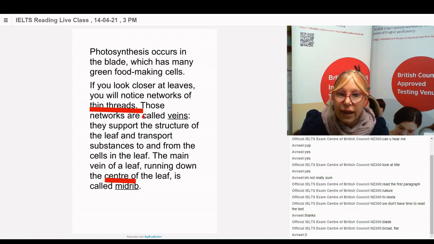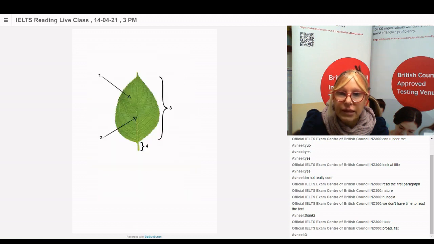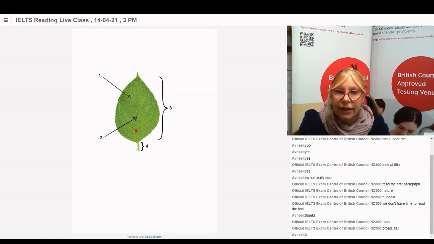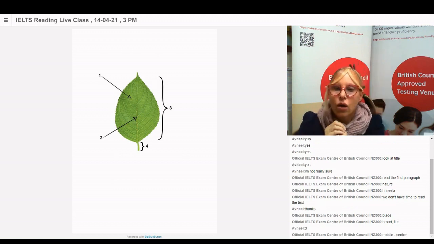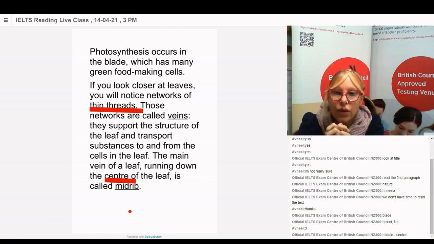As we go to the diagram, we can see that number 2 here is pointing to the middle of the leaf. All right, so the middle of the leaf is, in other words, the center of the leaf. Okay, so choosing a word that I have underlined here, we can either choose thin threads, or we can choose the word vein, or we can choose the word midrib.